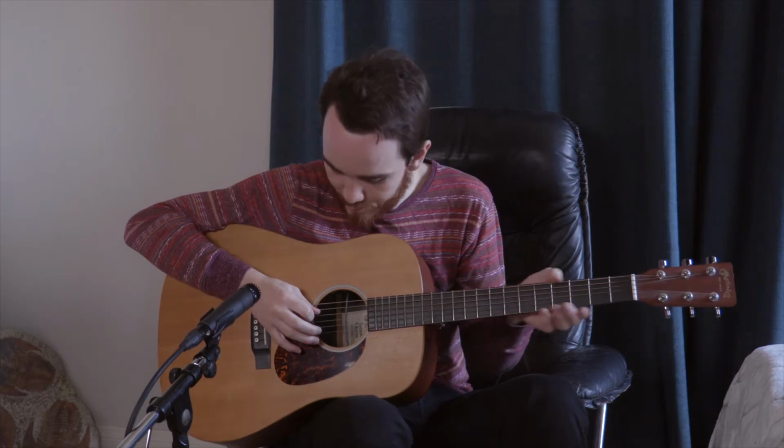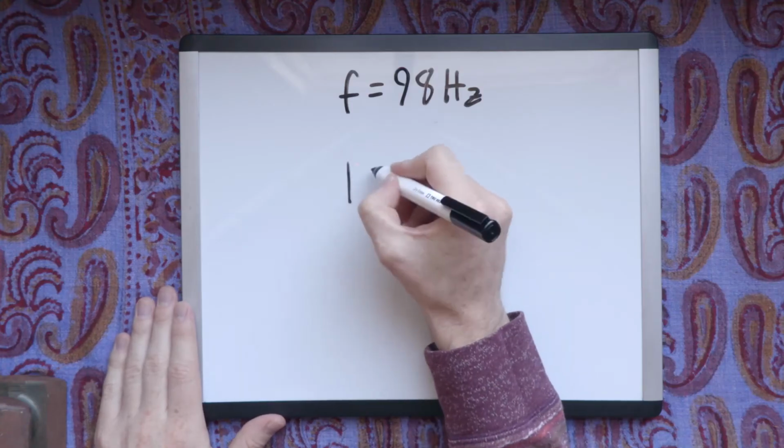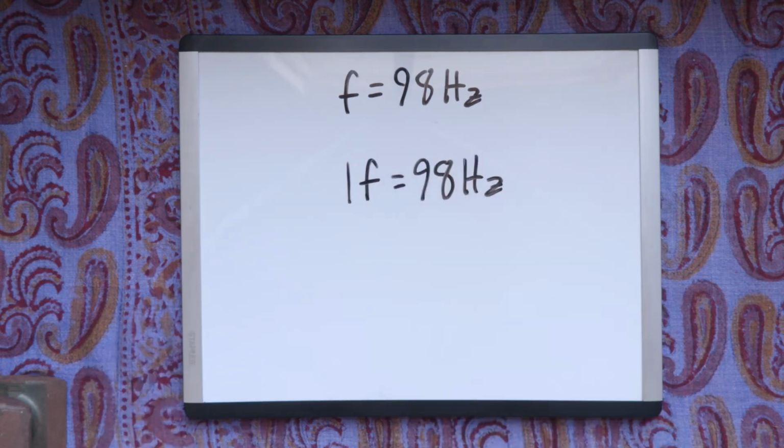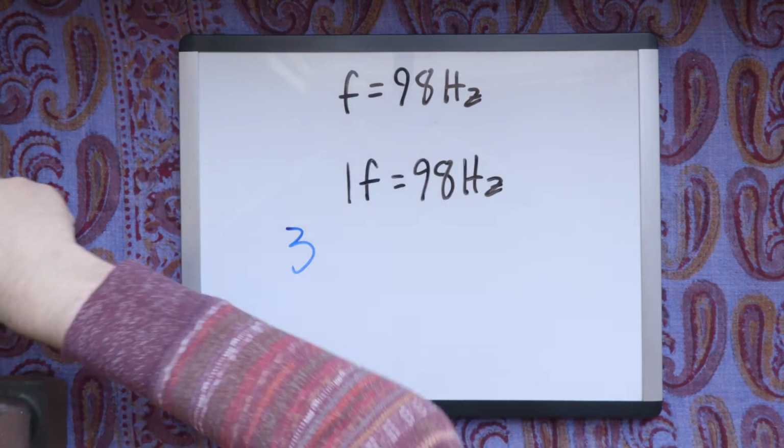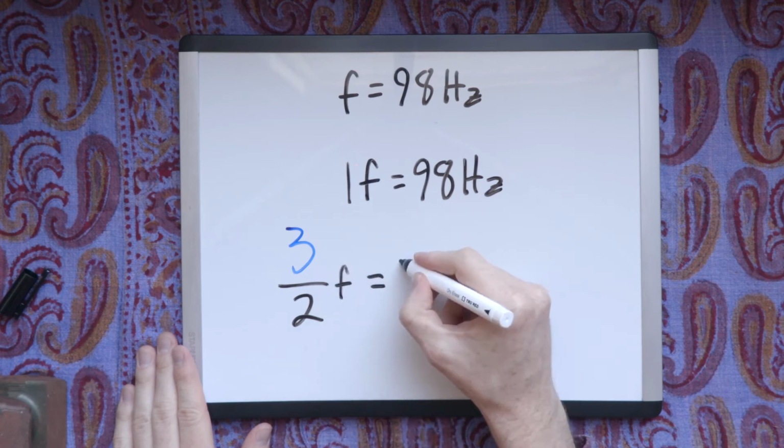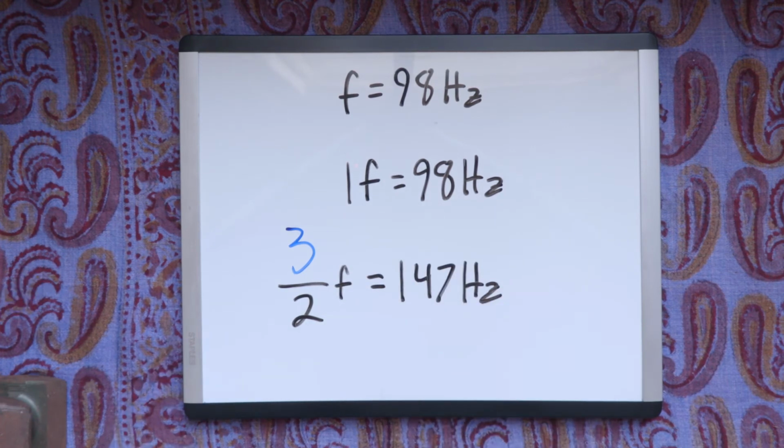Now the next string up is going to have a frequency of 3 halves of 98 hertz. So 3 over 2 times 98 hertz. That is 147 hertz. But you could just express both of these strings as 1F and 3 halves of F, F being 98. This is the consonance that we've been talking about so far in this video.